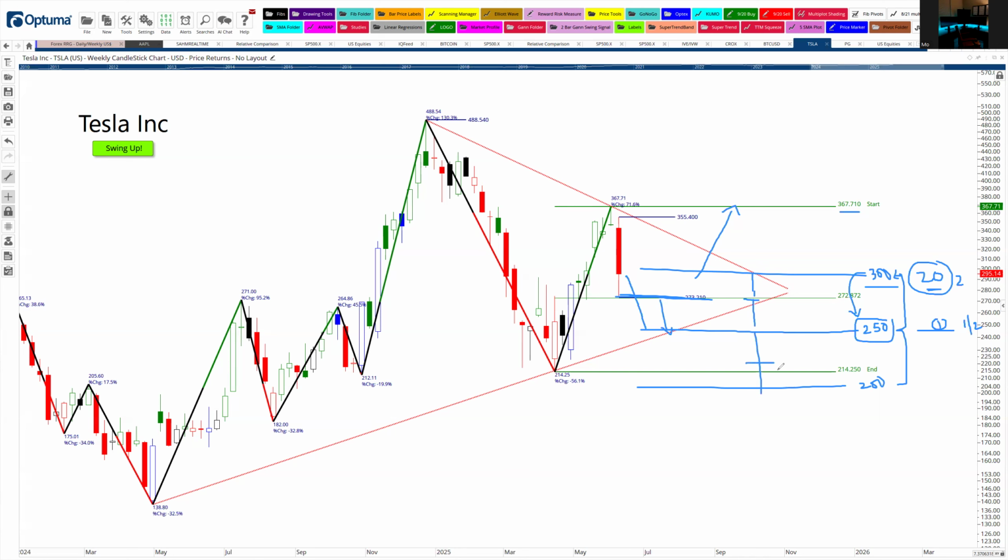Same thing here. For a volatile stock like this, that could stay down for three, four weeks, it could take a pretty sharp dip. You see how similar these dips are, 32, 32, 34.